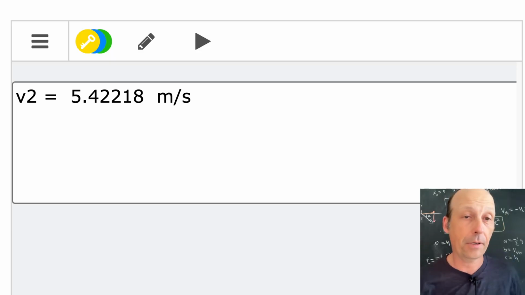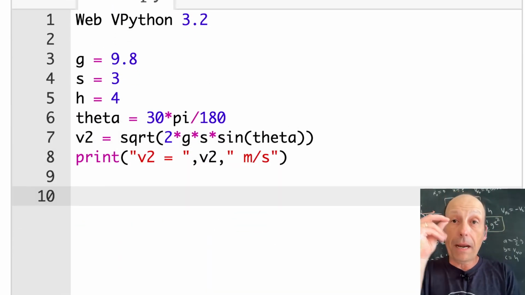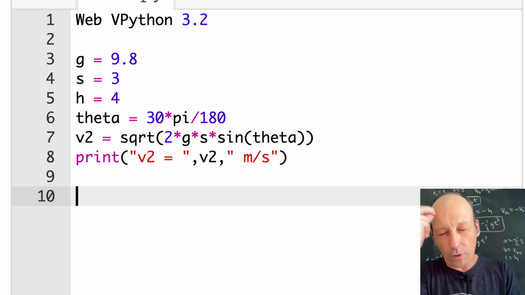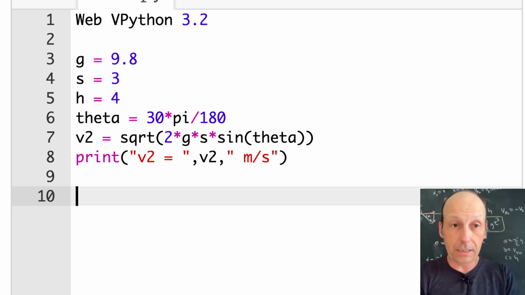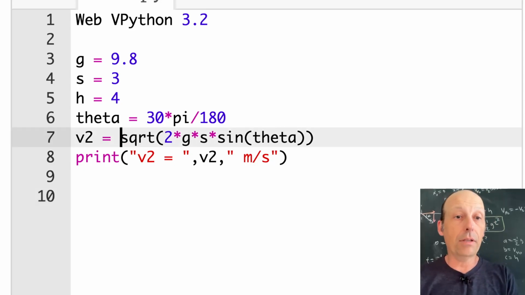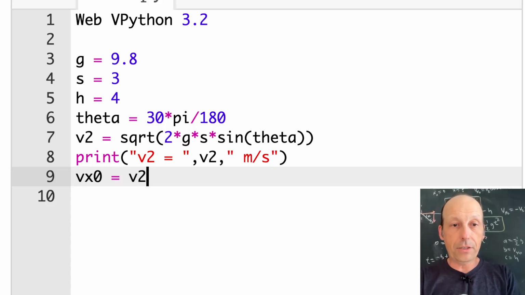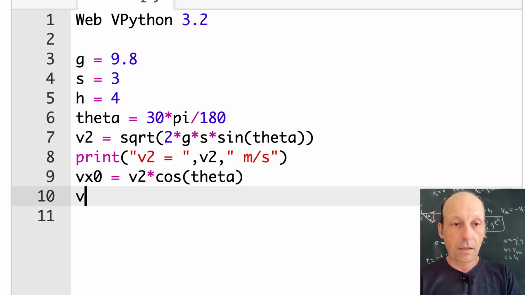I don't really care. Now down here, I'm going to go ahead and enter my a, b, and c terms because I think better in the quadratic equation in terms of a, b, and c. So v2 is actually negative of that. No, that's right. Let's go ahead and say vx0 is going to be v2 times cosine theta.